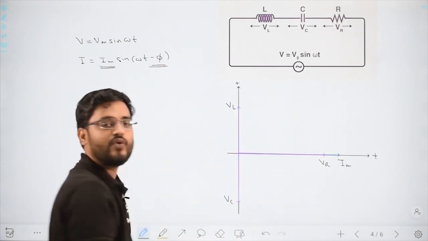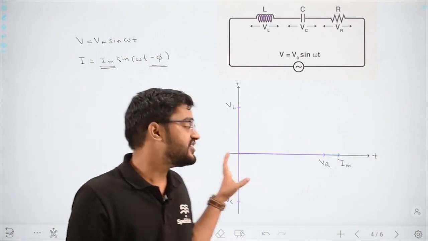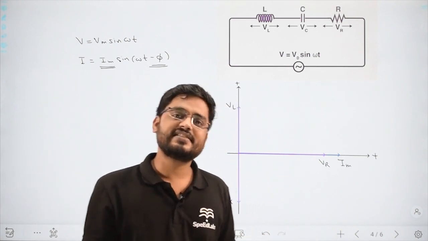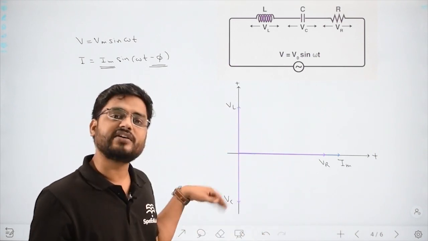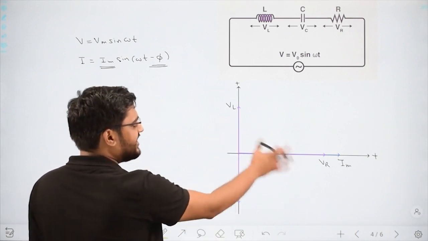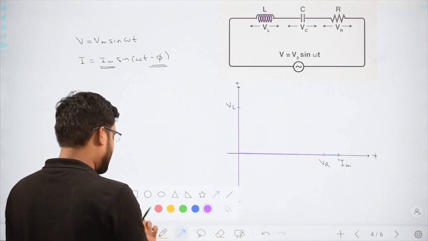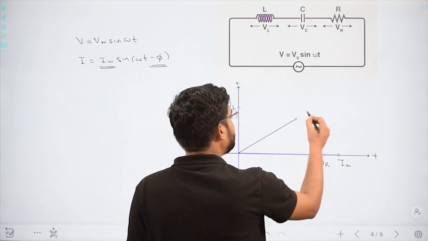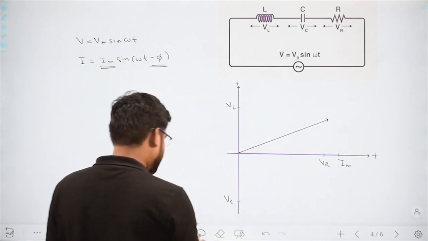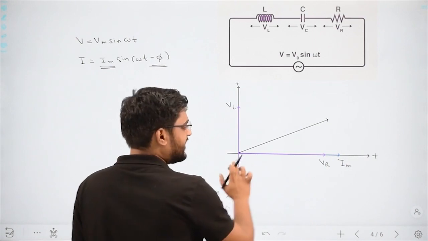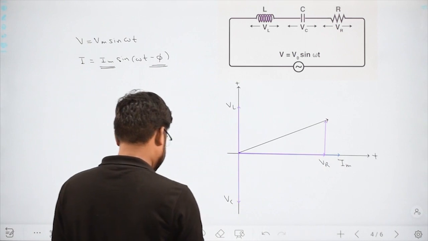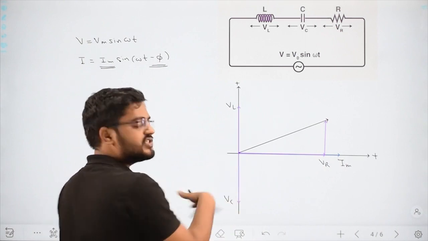So these are three voltages, and we need the phasor addition of all three. Phasor addition is nothing but vector addition. It's just that voltage is not a vector, so we can't call it a vector diagram; we say it is a phasor diagram. The net of all three will be somewhere here. This is my VR, and the height is VL minus VC, assuming VL is bigger.